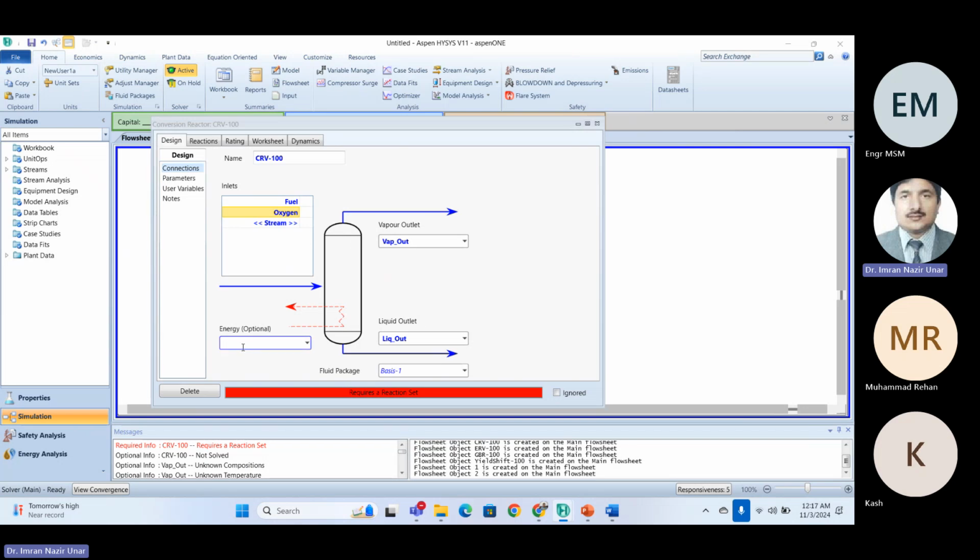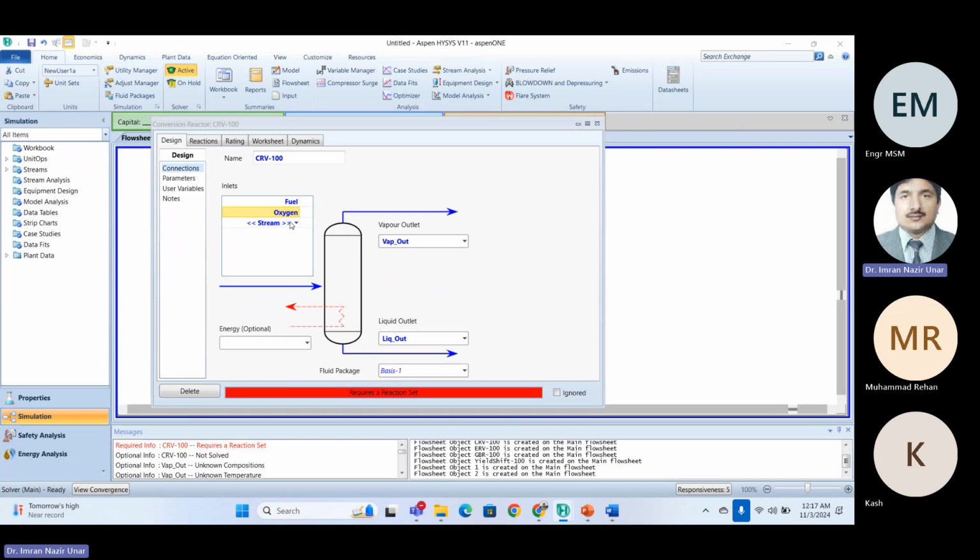So if you define some stream against this optional energy stream, you must give some information about the energy in terms of kilojoule or watt. But here we are not giving any energy streams.